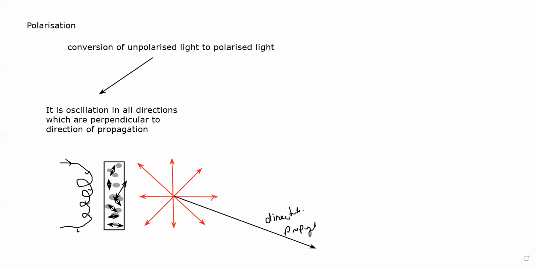So this light is called unpolarized light, light which is having multiple vibrations and oscillations in all directions which are perpendicular to the direction of propagation. But what is polarized light? Light which is having a single direction that is perpendicular to propagation.